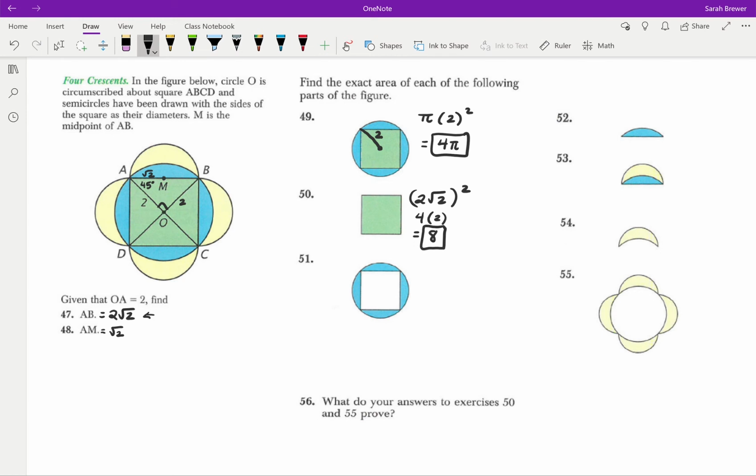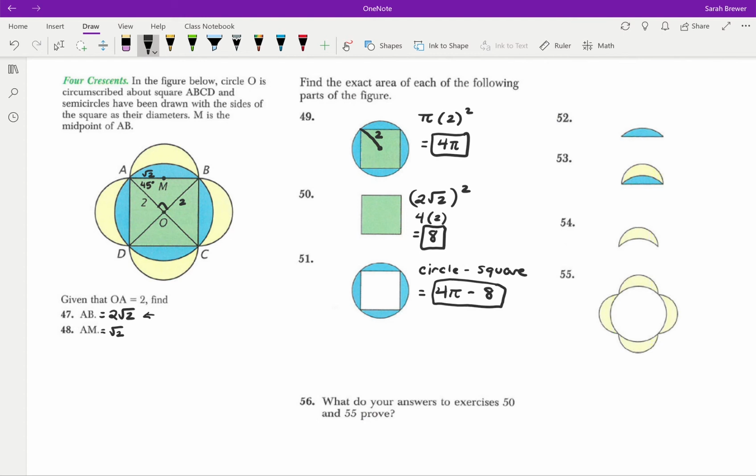To get the remaining shaded area when we remove the square from the circle, so this bit that's left in blue in number 51, all we have to do is take the area of the circle minus the square. So we're looking at 4 pi minus 8, and there's nothing really we can do to simplify that.